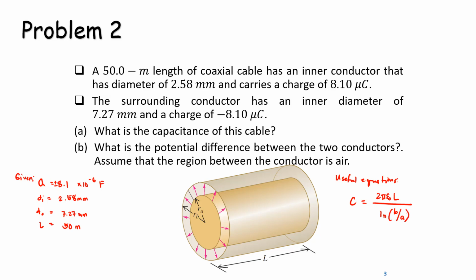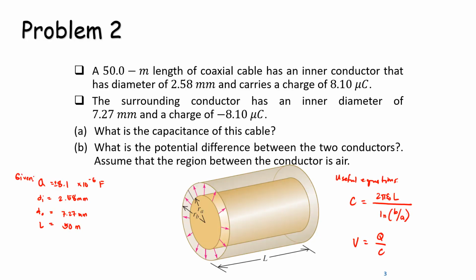And also, we will be using our equation for the potential difference, which is Q over C, as obtained in the previous problem. So let us solve for the capacitance.